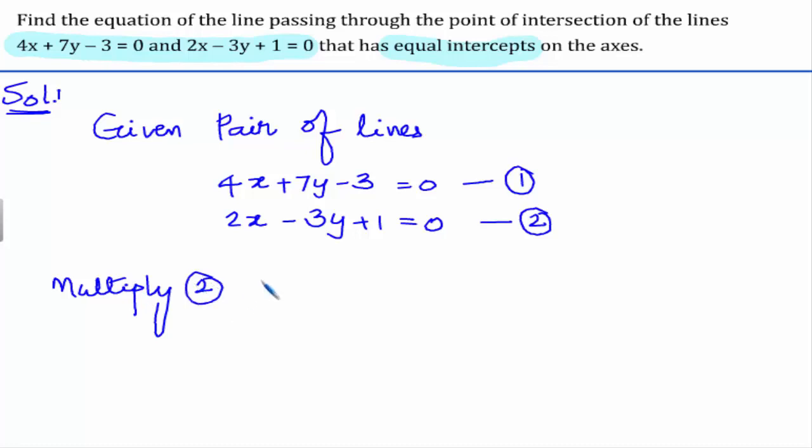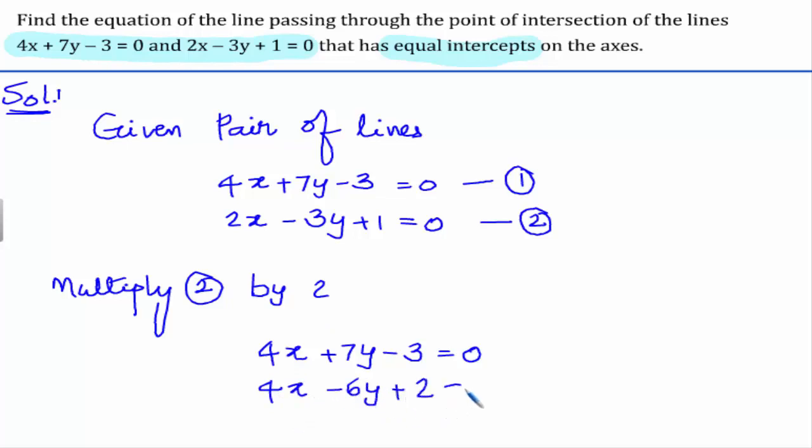Let us multiply equation number 2 by 2. Then we get both equations: 4x plus 7y minus 3 is equal to 0, the first equation, which I am writing as it is. Now the second equation, multiplied by 2, gives 4x minus 6y plus 2 is equal to 0.